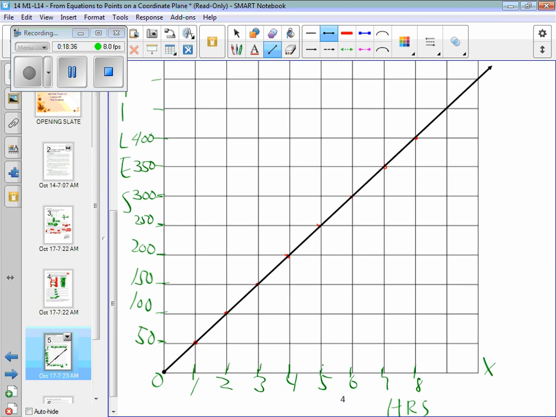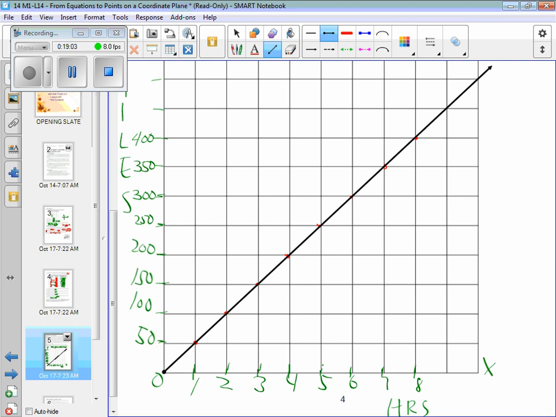This is a tricky one. You ready? How long will it take? No, I'll make it even more difficult. Let's do two hours and 45 minutes.